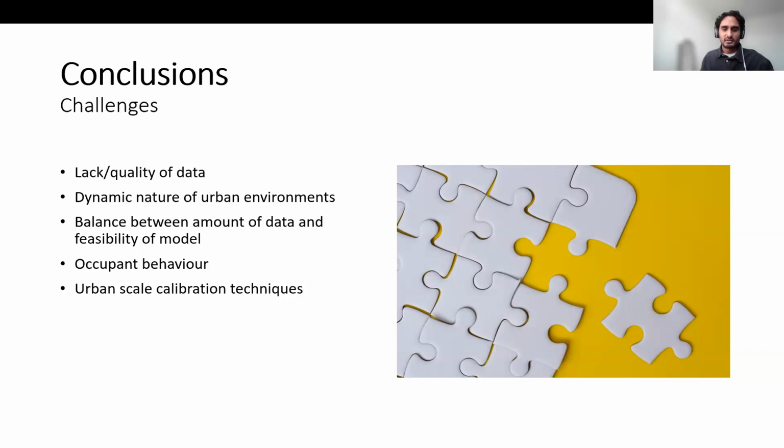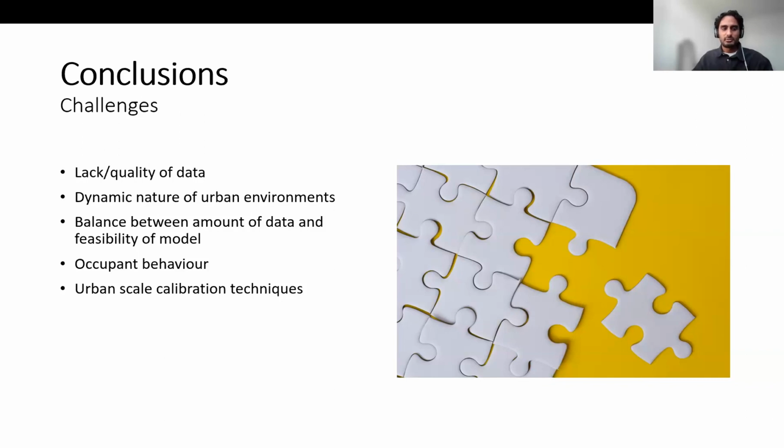On the other side of the data problem, it's also necessary to draw a line when modeling. So throwing more and more data at a model doesn't necessarily guarantee an improvement in accuracy. And actually, in some cases, you can see this negatively impacting the results too. The difficulty here is that there's no clear line, and this is very much case dependent and has to be decided on a model by model basis where this line lies.